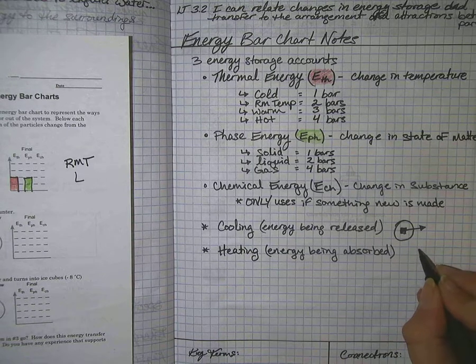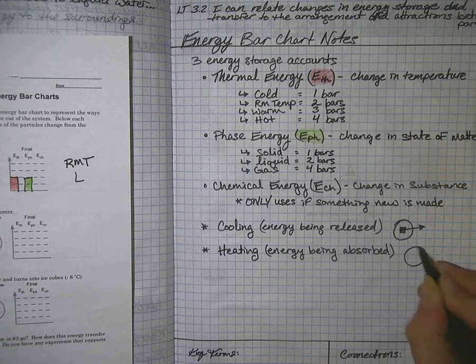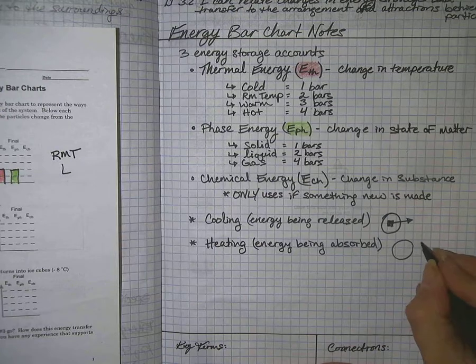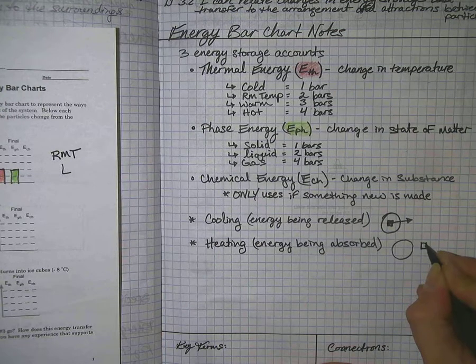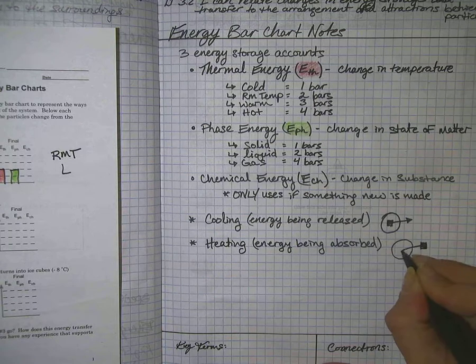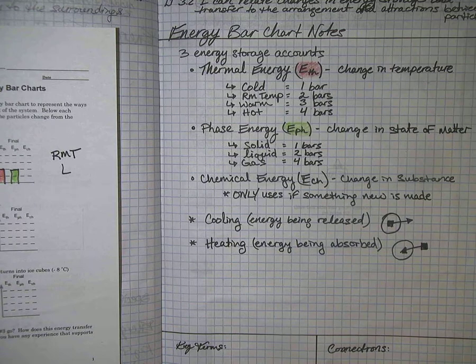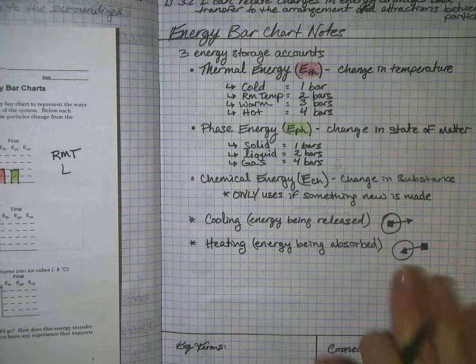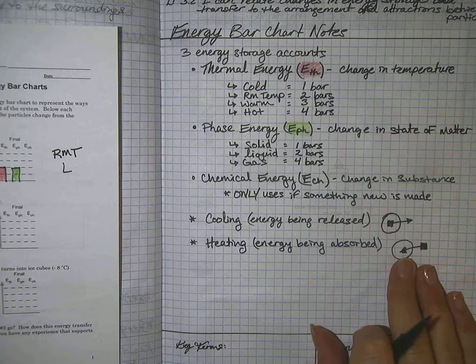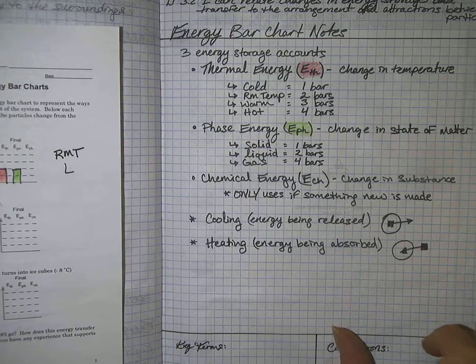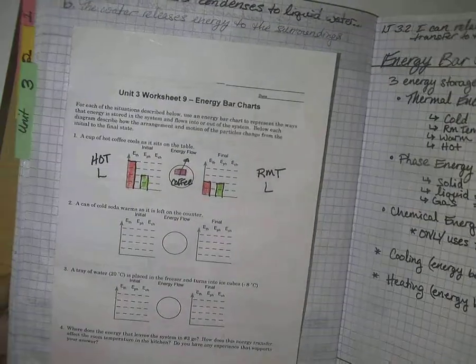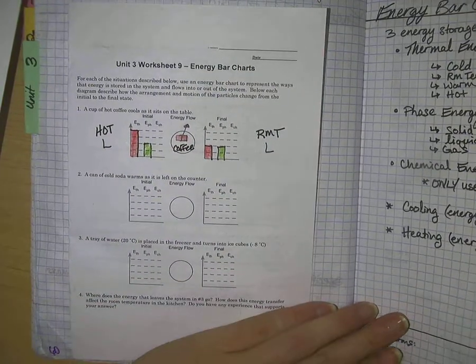Only heat can. Heat is energy. So there's our system again. This time, our box of energy is going to go into the system. Okay? So that's generally what you're going to see, and you can always check back to this just to make sure you're doing things right. All right, so back to our worksheet here.